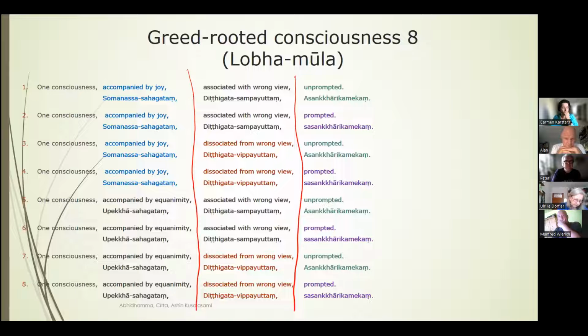The first one is feeling: joy, 4, and equanimity, also 4. Another is associated with wrong view or dissociated from wrong view, 2 associated with wrong view and 2 dissociated from wrong view. And unprompted and prompted. I hope you remember all these 8.